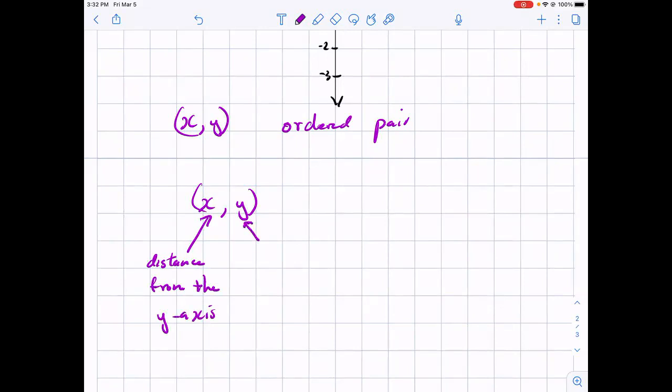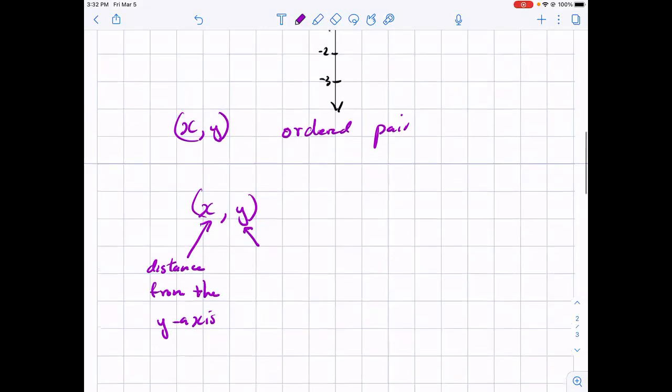Y, okay, y is the distance from the x-axis.